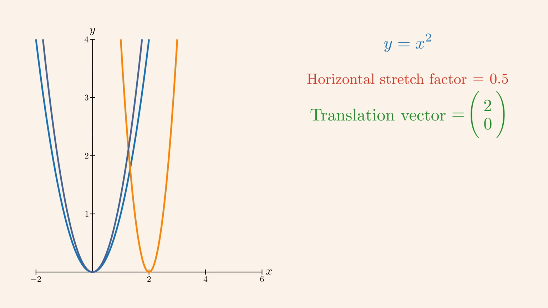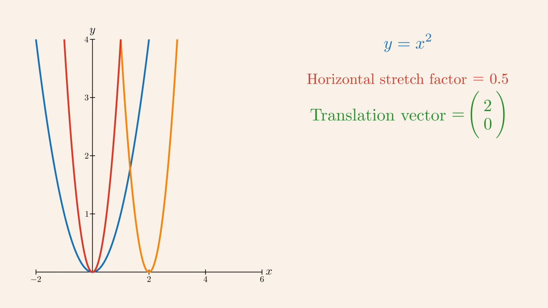Scaling the blue curve gives us the red one. Translating that red curve 2 units to the right then superimposes the green result on the target orange curve. Therefore, this is also a valid sequence of transformations. The red equation is shown first, followed by the green equation.